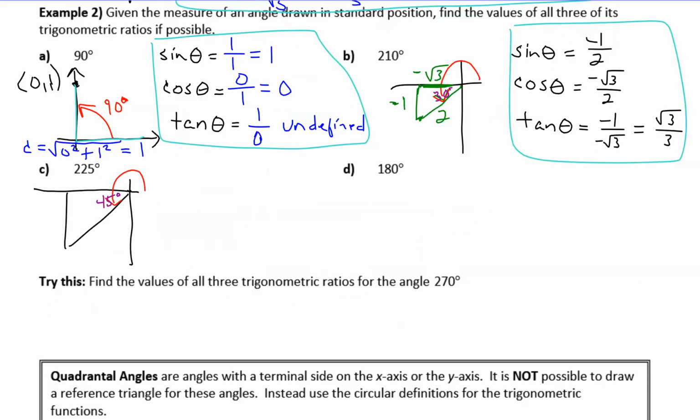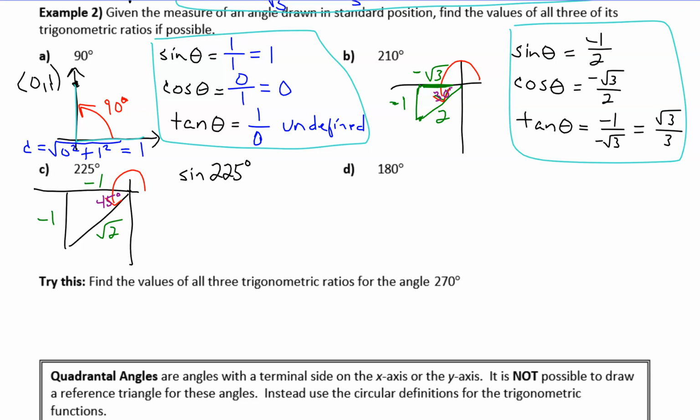In C, we have a 225 degree angle, which is 45 degrees beyond 180. We know the side lengths for a 45-45 right triangle, and can assign A and B as negative since the terminal side is in the third quadrant and both coordinates are negative in the third quadrant.